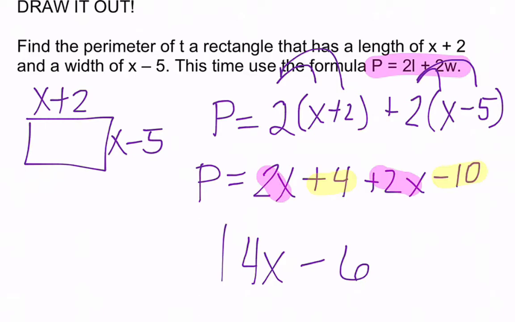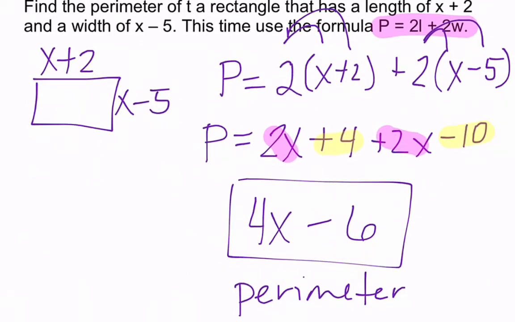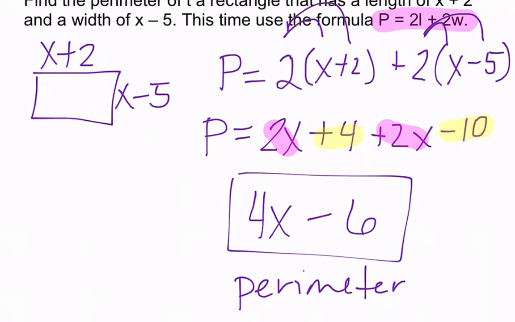So we did it. We just found the perimeter. So remember, perimeter is the distance around a figure. So all the way around, if you add all these sides up, you're going to get 4x minus 6.